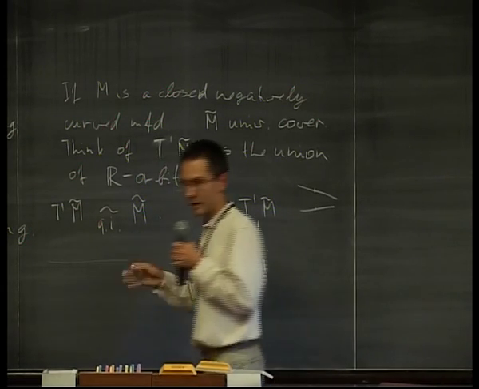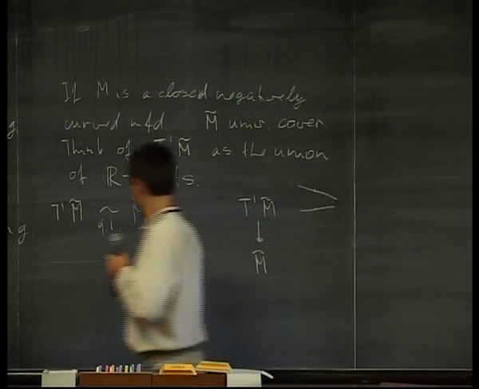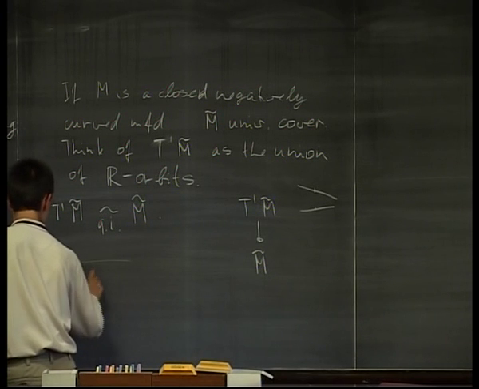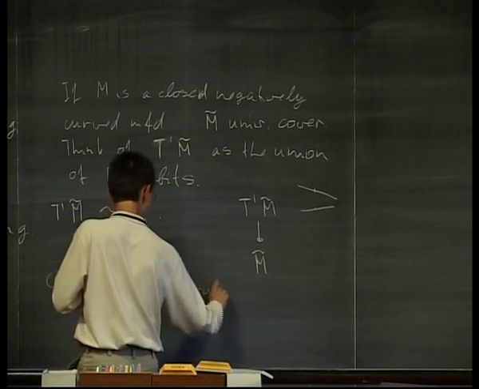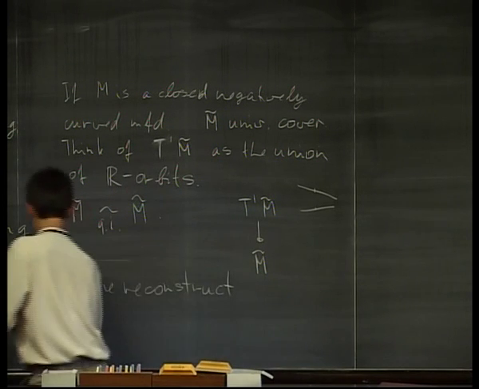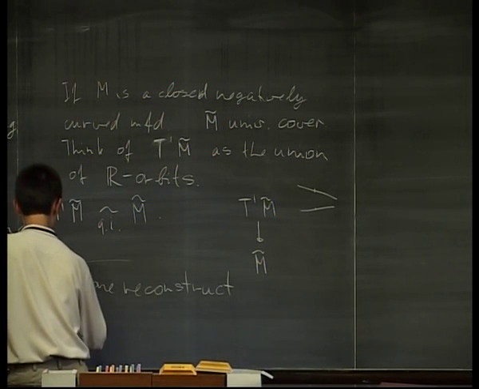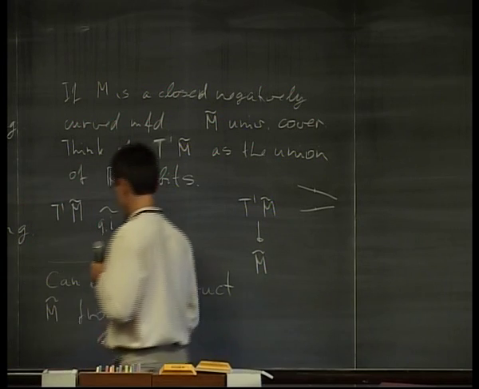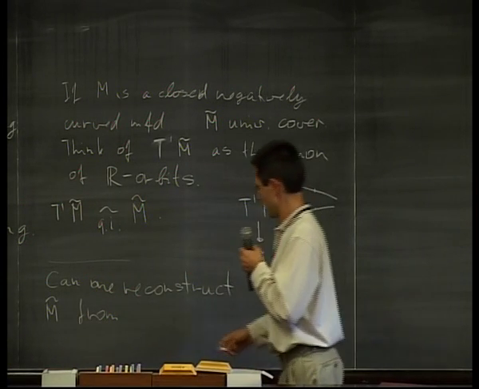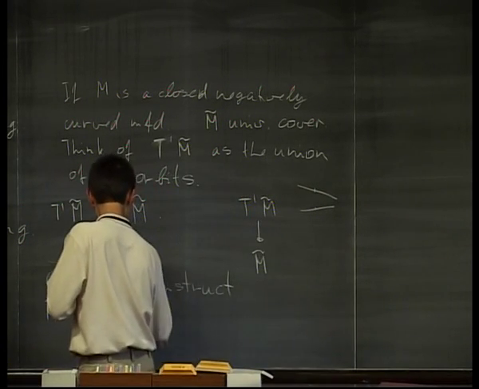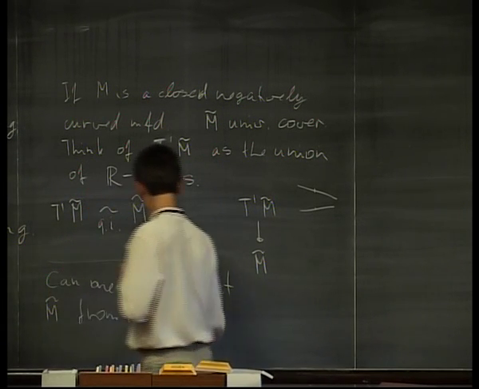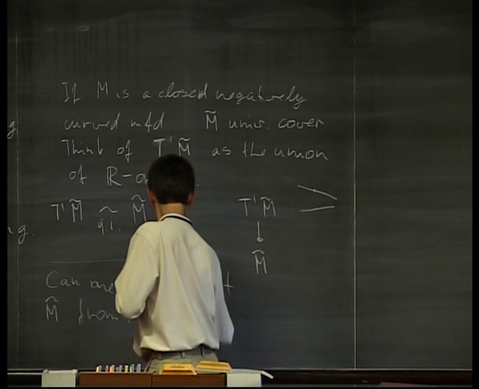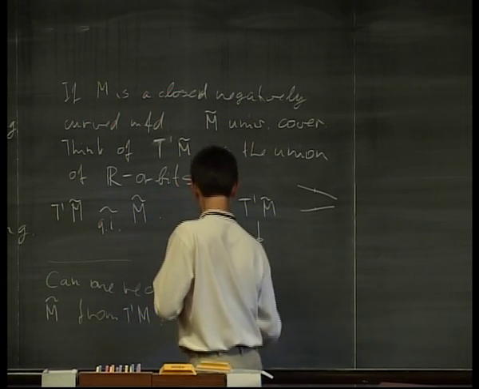So it's a kind of rough question. It's not really precise, but can one reconstruct M tilde from T1 of M, which is a union of straight lines?